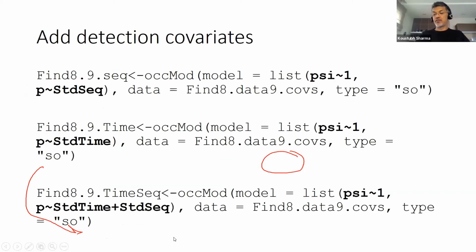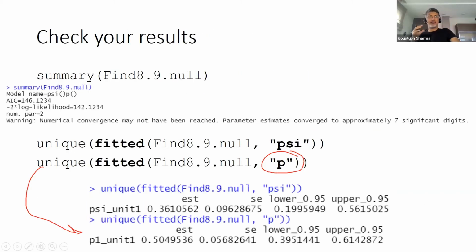What it's saying is that each observer, which means each of you, had a 50% chance of detecting 8 in a sampling unit. That's what it is indicating. You had half.